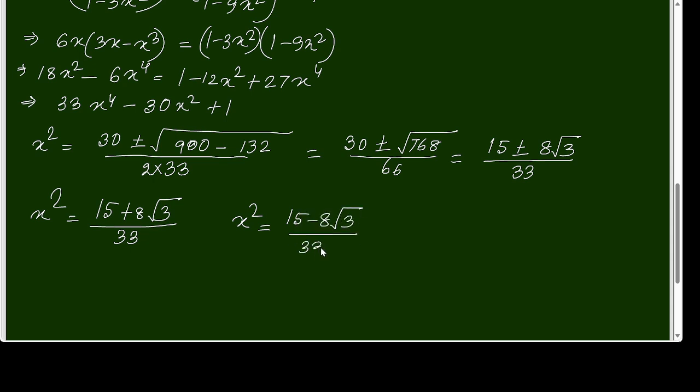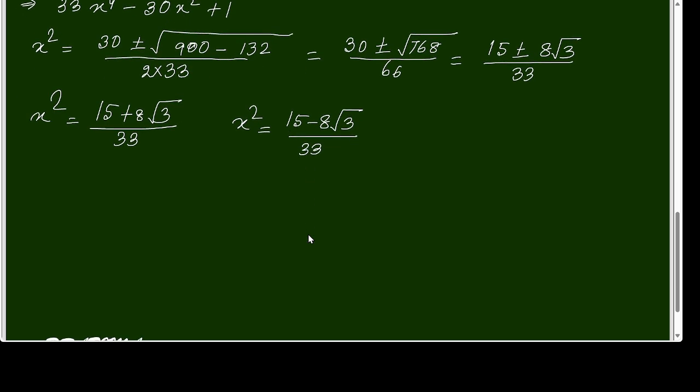We'll check both the values for the left hand side of the equation. The equation was 6 tan inverse x plus 4 tan inverse 3x equals pi.